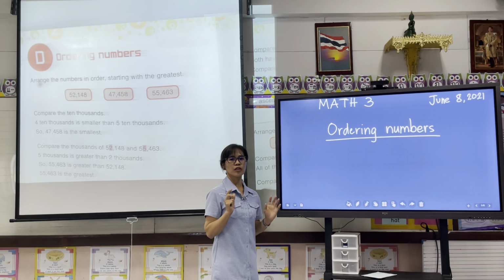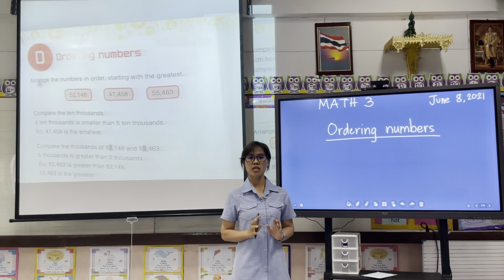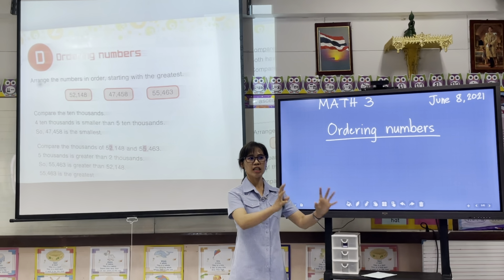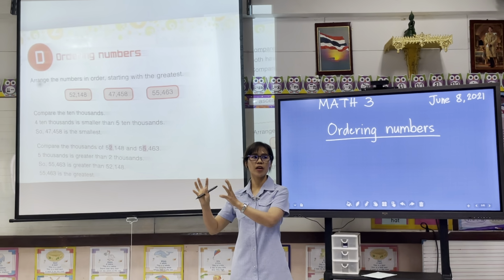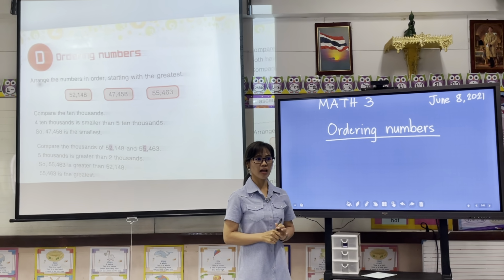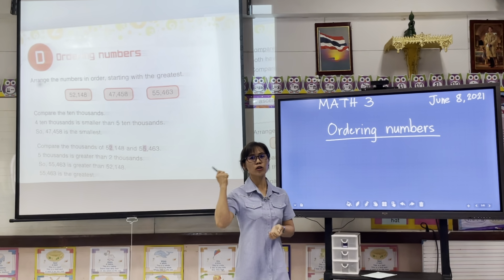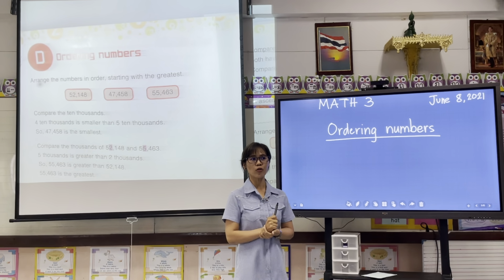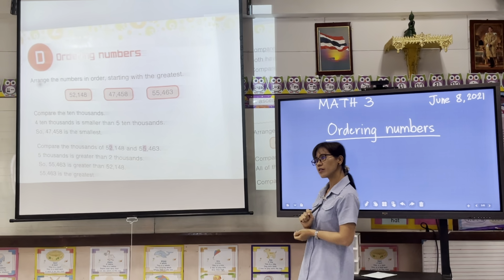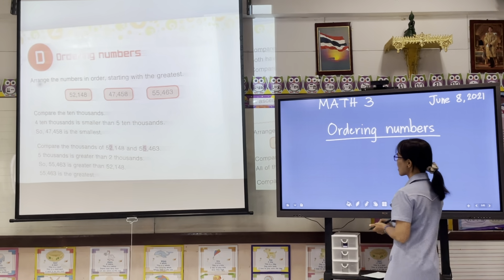Ordering numbers means we are going to put the numbers in the right order. When we say order, it doesn't mean like when you go to the restaurant and order food. Can I order French fries, please? It's not like that, okay?